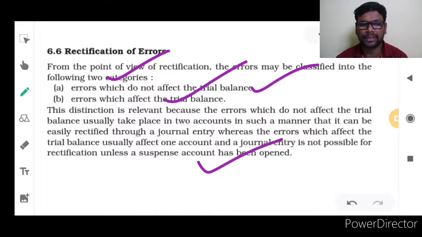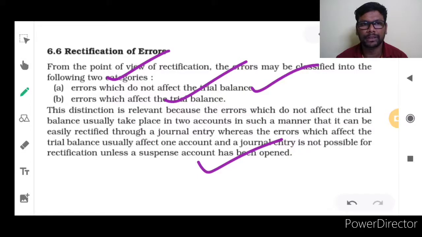We prepared the transaction into the journal, that is, we journalized. After journalizing, the transaction should be posted into a separate or individual account called the ledger. There we made the mistake. Say it is a cash sales transaction. Cash account to sales account, that is the actual entry.